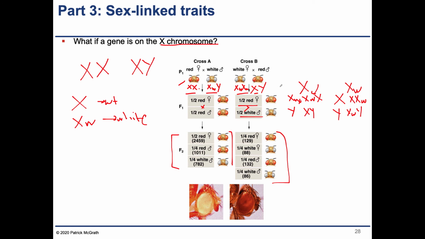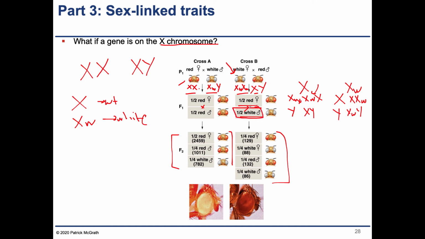Well, there are certain rules that you have to look for. One of the rules, for example, is if you have a female with the trait that mates to a male without the trait, all of the males must have the trait.